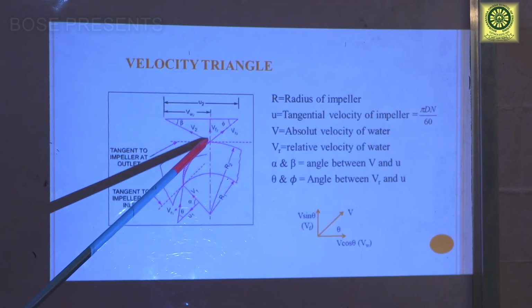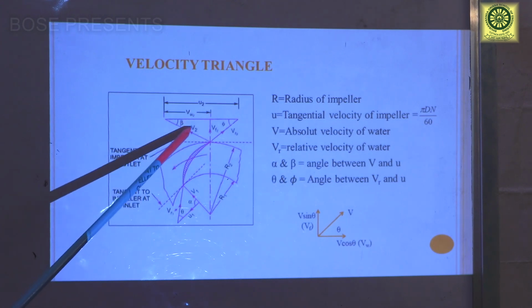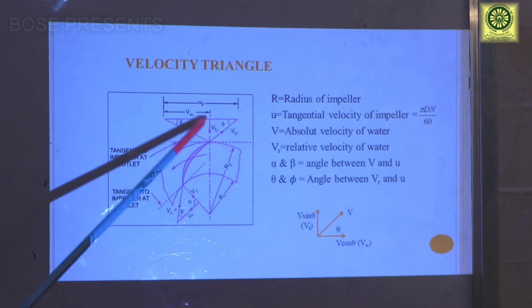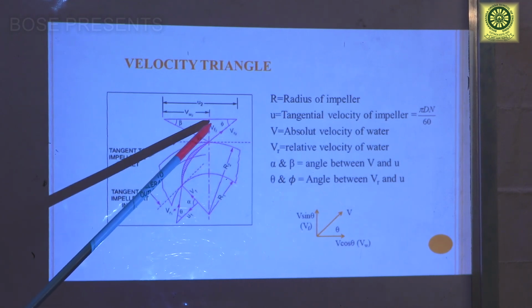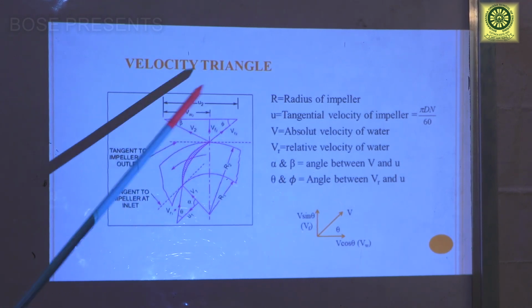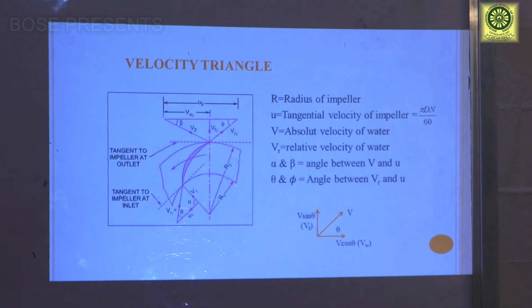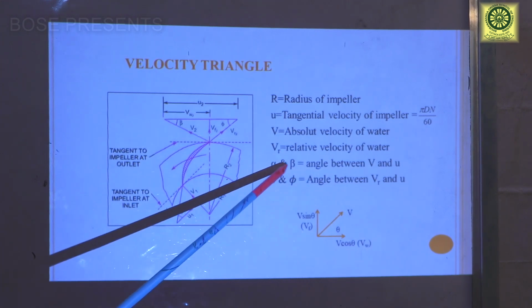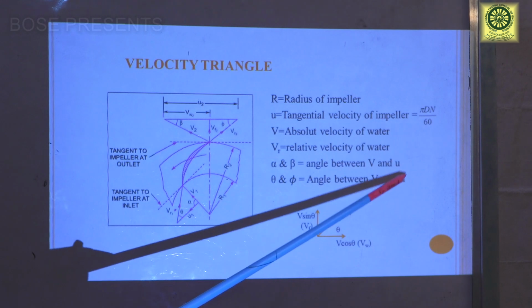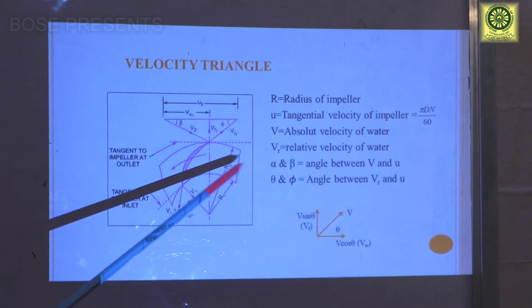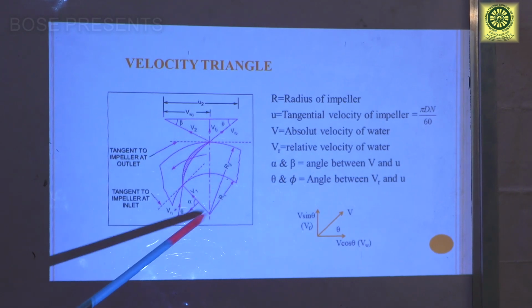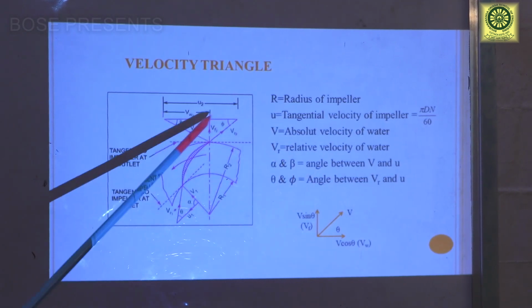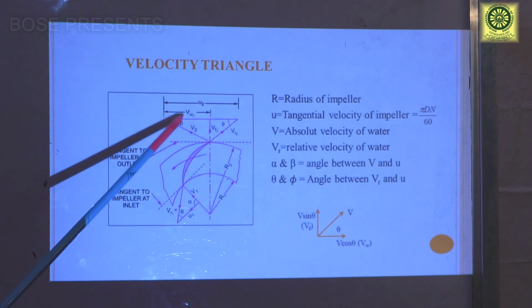But when we see the outlet, this is V2. When we find the components of V2, this will be Vf2, that is the flow velocity, and this will be the wall velocity. Now what are these angles? Alpha and beta are the angles between V and U. For the inlet it is alpha between V1 and U1, and for the outlet it is beta between V2 and U2.